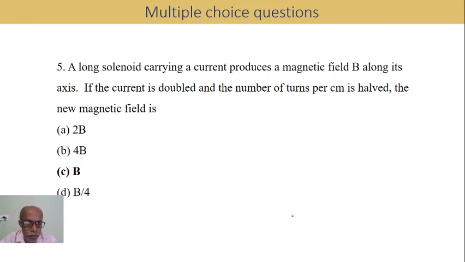And the last one, a long solenoid carrying a current produces a magnetic field B along its axis. If the current is doubled and the number of turns is halved, the new magnetic field is?